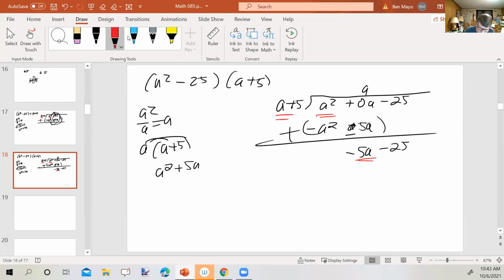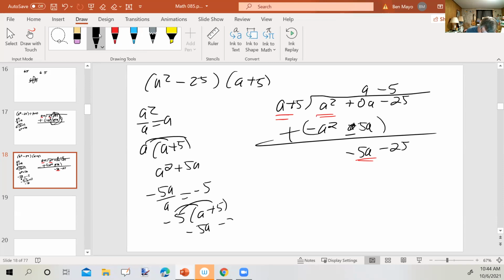Leading term inside divided by leading term outside. Negative 5a divided by a is negative 5, so minus 5 goes there. Negative 5 times a plus 5 is negative 5a minus 25. Subtract that quantity from what's up above.